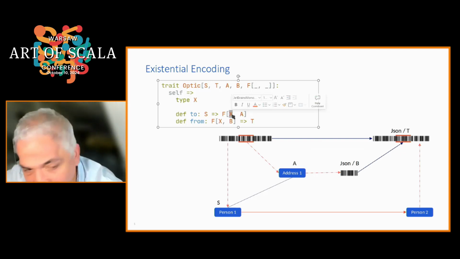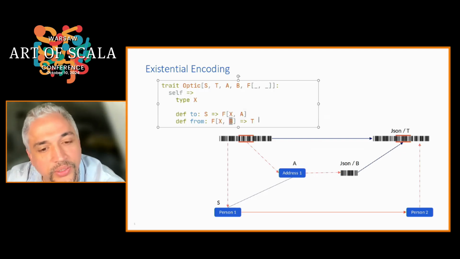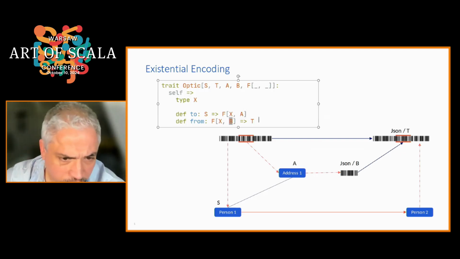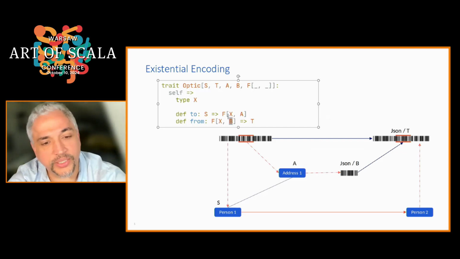If you think of a case class, and a person has an address and maybe a name, then this X bit is the name. And then when you combine the name and the address again, you can go back to the person, right? So this is how you encode optics existentially.